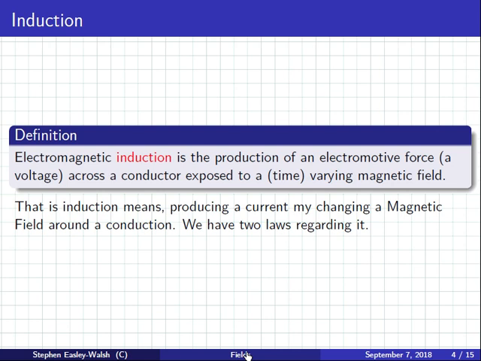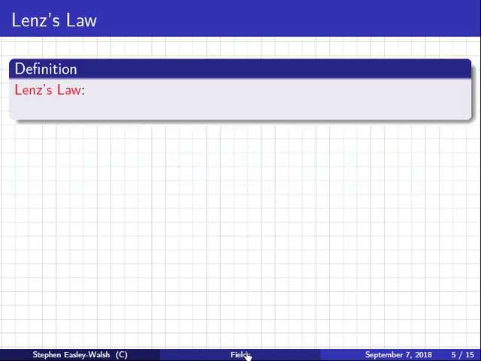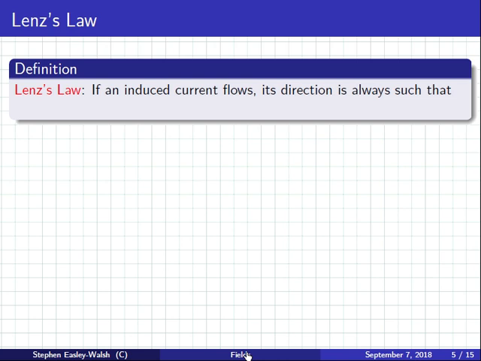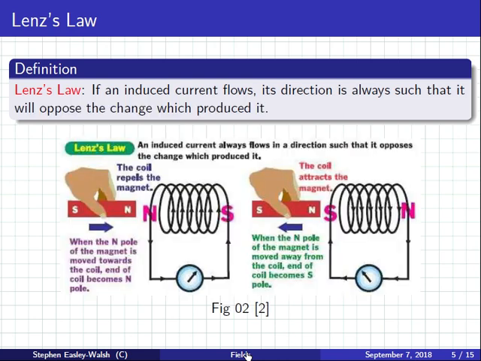We have two laws about induction. The first law is called Lenz's Law. Wait, don't write it down yet, because I need to explain with a picture. If the induced current flows, the direction is always such that it will oppose the change which produced it. So let me explain this picture. The magnet goes in here and the current comes out. The magnet goes in, the magnetic field goes in, and the current comes out.